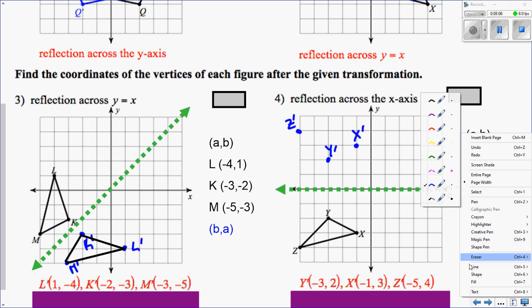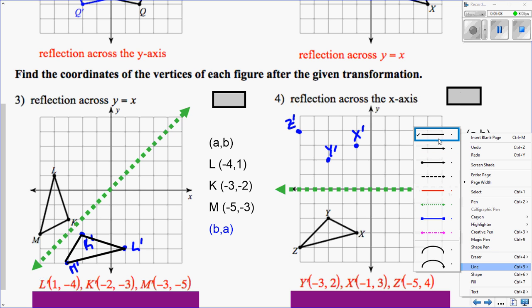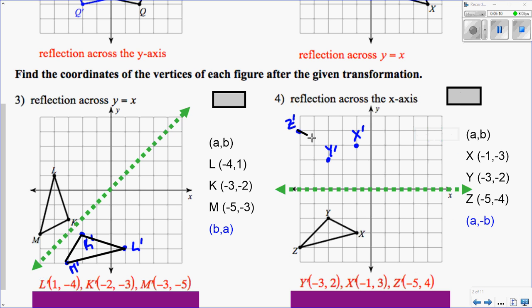And it also depends on how many transformations you do that determines if it's prime, double prime, or triple prime. So be careful. Alright, so let me just put that here. There you go. So that's the recap of reflection.